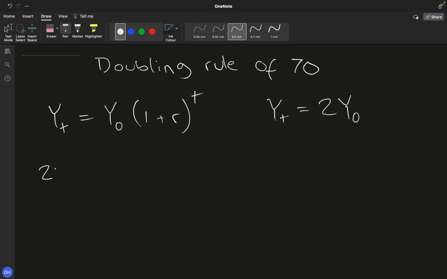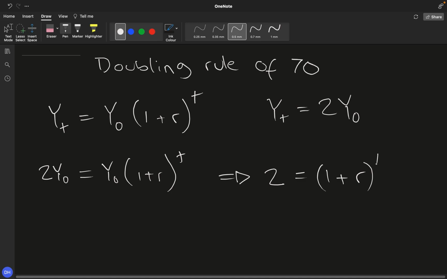So we can say 2y_0 equals y_0 (1 plus r) to the exponent t. Obviously we can just cancel those y_0s, so we get 2 equals (1 plus r) to the exponent t.